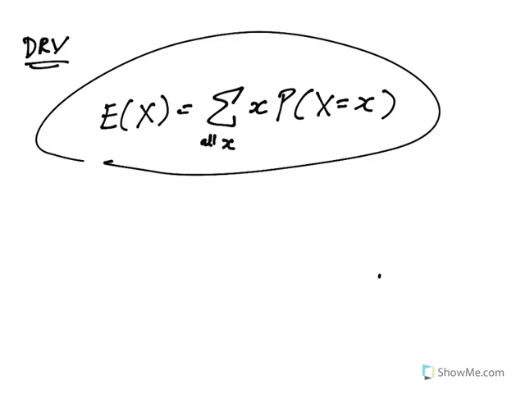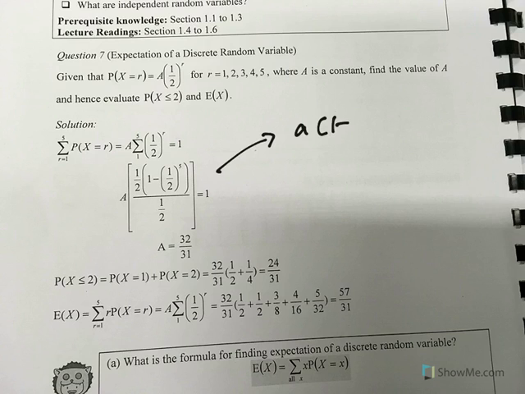Then with that, for a discrete random variable, you need to know the expectation, the mean, as well as the variance. Is this one the PDF or CDF? PDF, because of the equals. So this is the PDF function. R can take on 1, 2, 3, 4, 5. I want to find the value of A, and hence the probability of x less than or equal to 2.